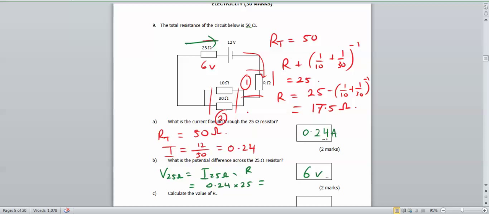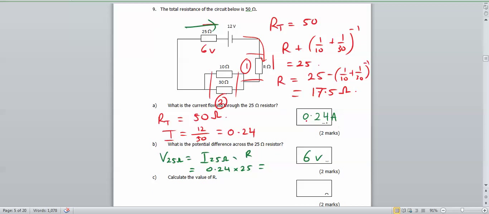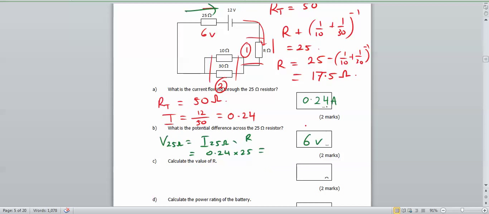Calculate the value of R. Well, look, I just did that before, haven't I? So I've done that before. The value of R, see above, is 17.5 ohms.